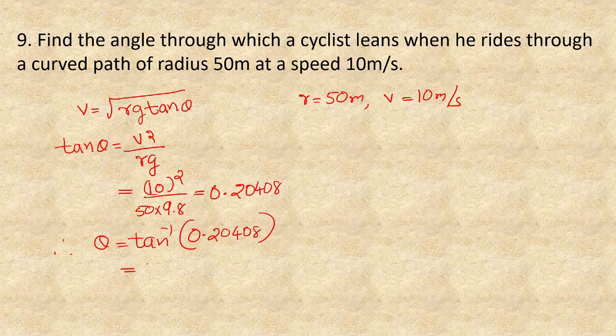So you can calculate that one. That is 11.5 or 11.53 degree. So this is the angle that the cyclist should lean when he rides through the curved path.